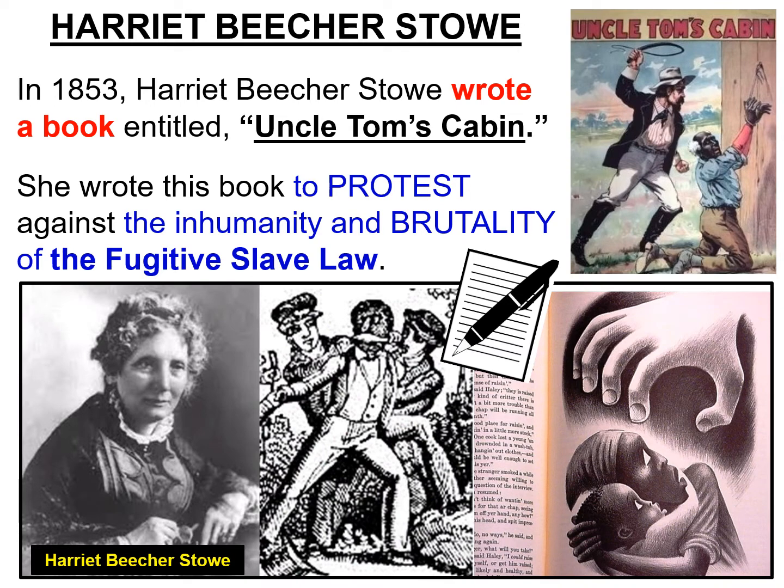It wasn't right, so she did something about it. She wrote this book, and a lot of people who read her book kind of changed their mind about slavery and wanted to help. A lot of people were convinced to become abolitionists because of her book called Uncle Tom's Cabin, which is still available. You can find that in the library, probably even online. It's called Uncle Tom's Cabin.